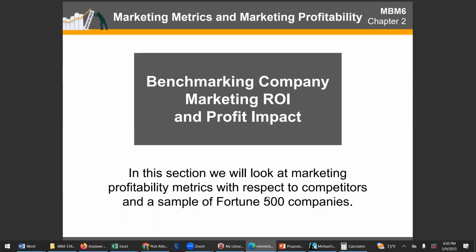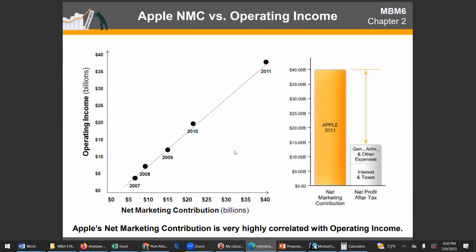Okay. So here in this example, looking at marketing ROI, it seems like everybody's favorite company is Apple. I know that's debatable, but certainly it seems that among undergraduate students, Apple is like everything in the world.